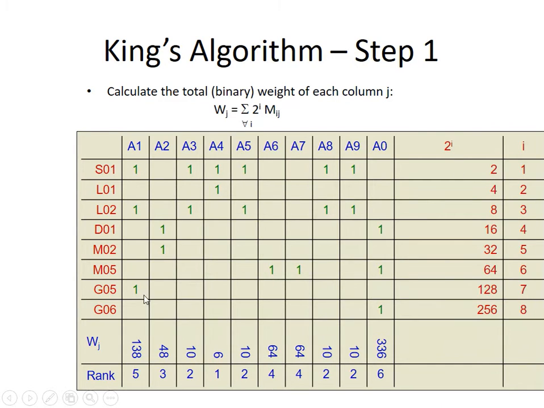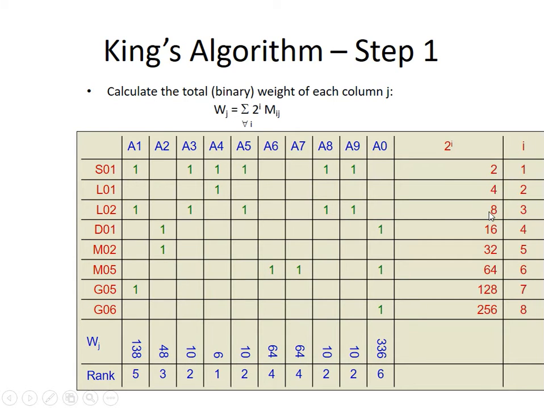In this first column, we consider A1 with respect to SO1. Here 1 is there, in this particular row. So 2 power i into this 1 will be 2, that is one value. Going next, again we consider 1, but here the value is 2 cube, which is 8.